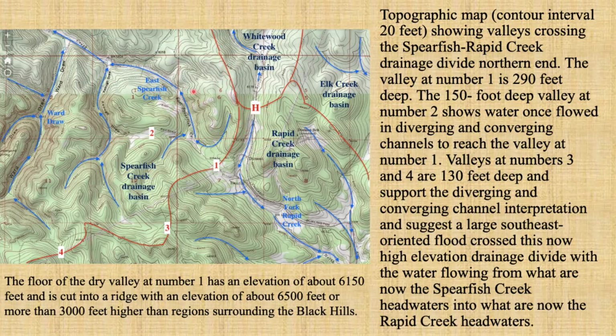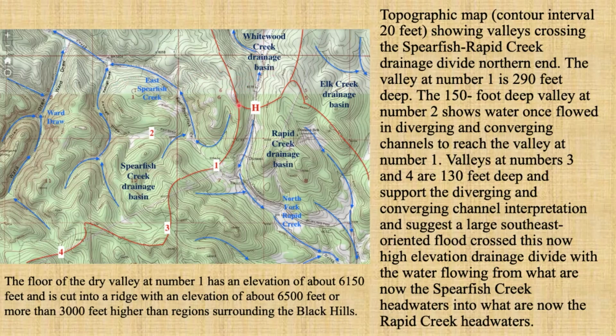To the north here is the Spearfish Creek Whitewood Creek drainage divide. Whitewood Creek, like Spearfish Creek, is a north-oriented stream which flows to the Belle Fourche River, but we won't be discussing Whitewood Creek.